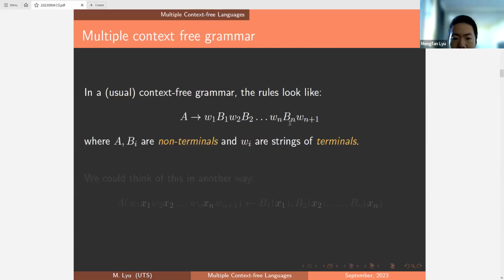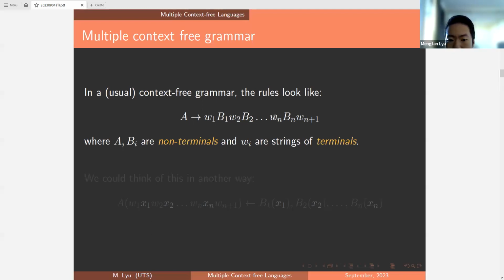And then let's talk about multiple context-free languages. In the context-free language, the rules are like this. We start from a non-terminal letter and then map to a word which consists of terminal letters and non-terminal letters like this.